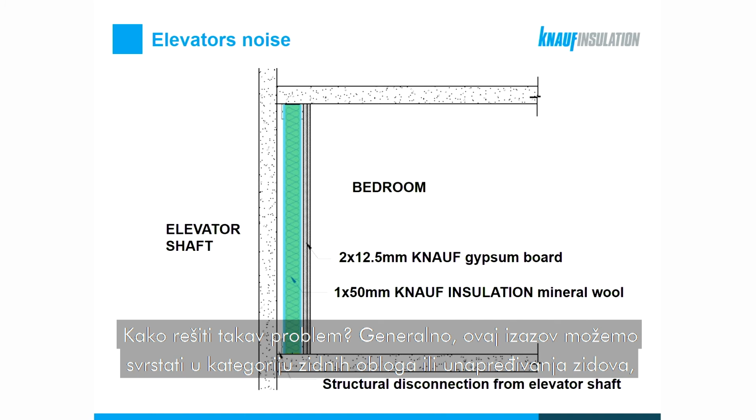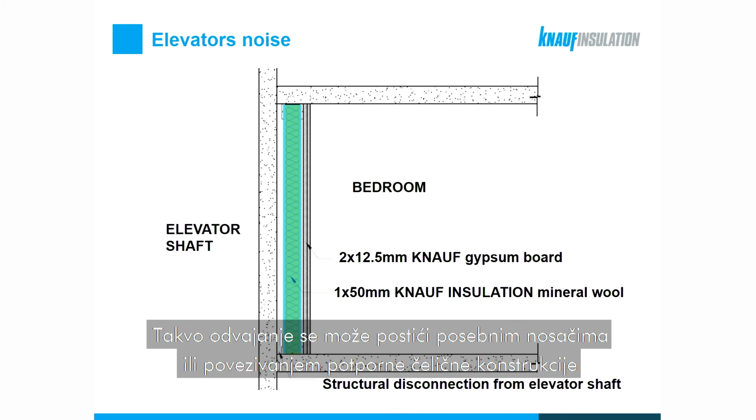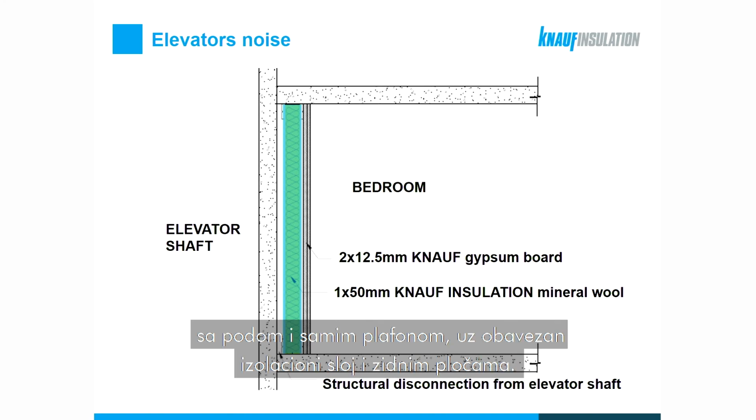Generally, we classify such a challenge into the category of wall linings or wall upgrades, but with the very important detail of structural disconnection between this wall lining and the elevator shaft. Such disconnection can be achieved with special brackets or just by connecting a support steel structure to the floor and the ceiling alone, with the mandatory insulation layer of mineral wool and additional wall boards.